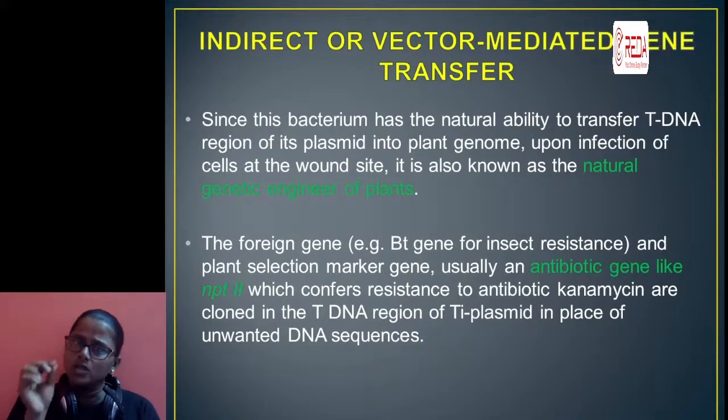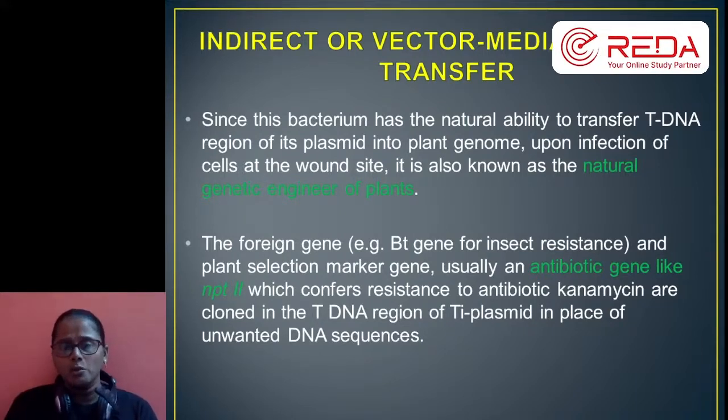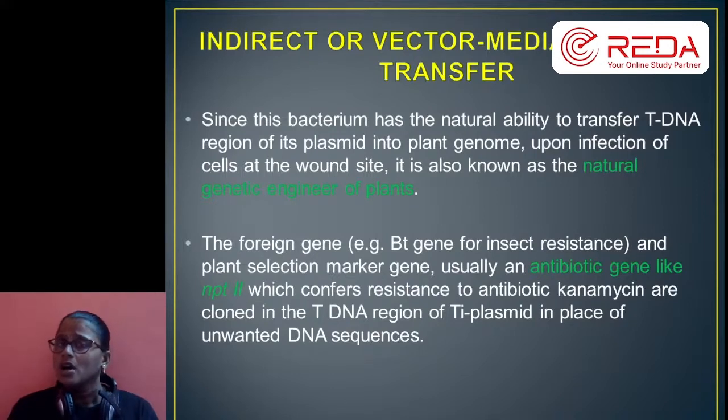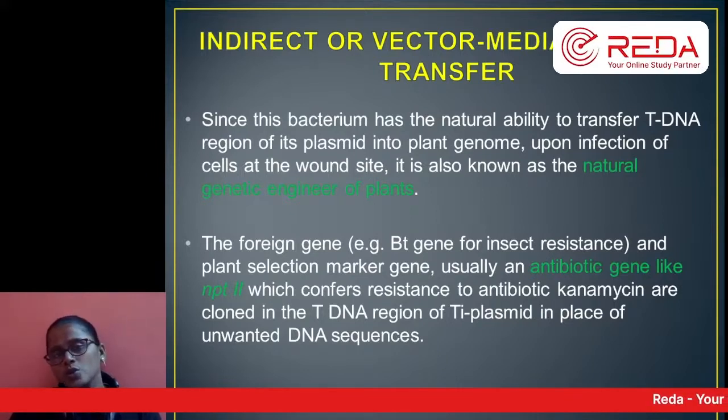Through a wound, like a small scratch or scrape, you can load the Agrobacterium tumefaciens. This Agrobacterium or Ti plasmid will hold the rDNA, and that rDNA is going to have your desired gene. So you are doing it using a vector.